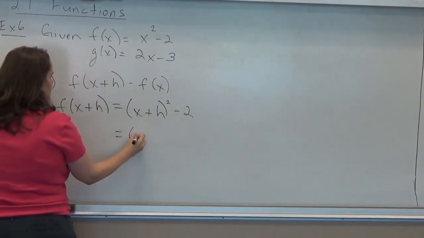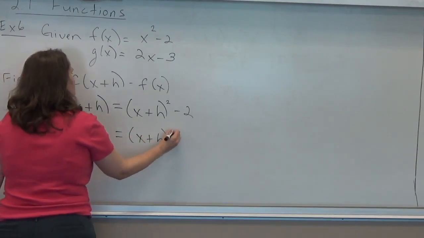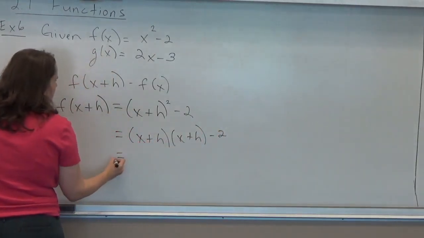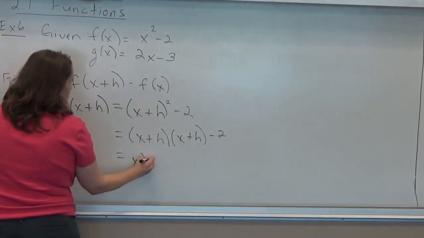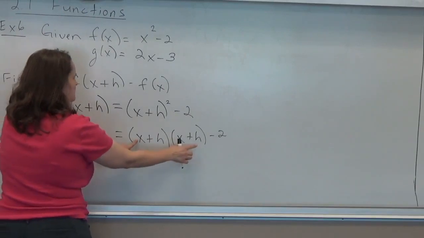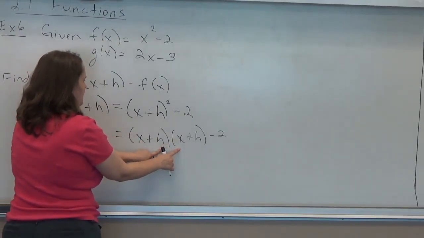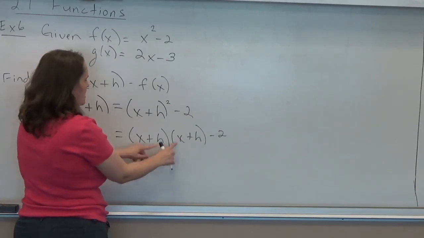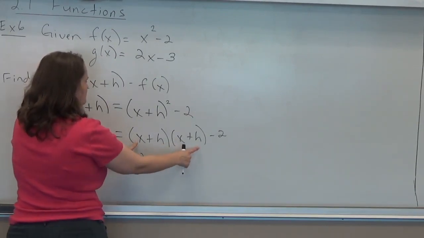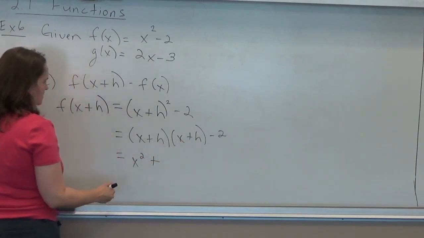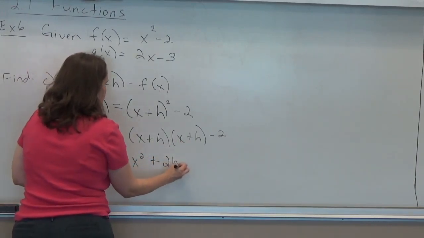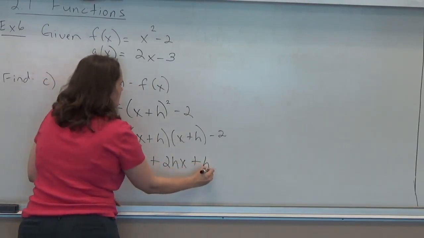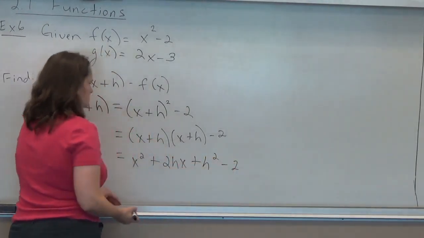We have to expand it out and FOIL. So that'll give me x squared plus xh plus xh, or I guess we would say hx. It doesn't really matter. But you've got x times h plus h times x is going to give you 2 times hx plus h times h is h squared minus 2.